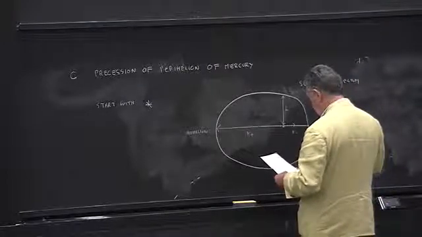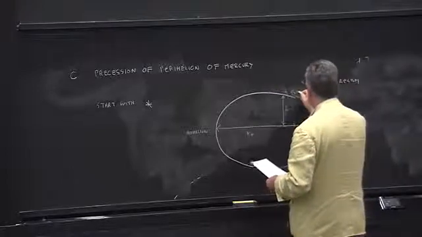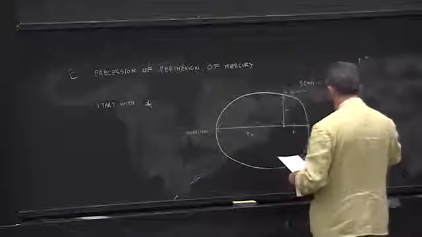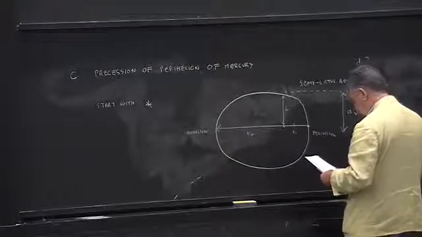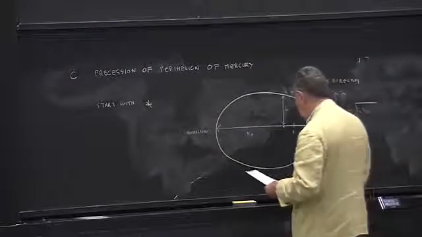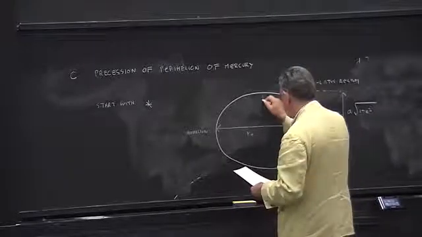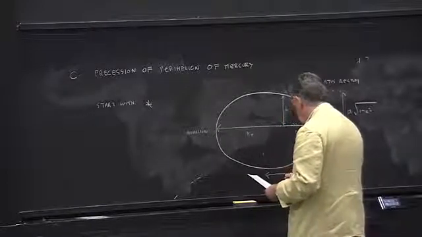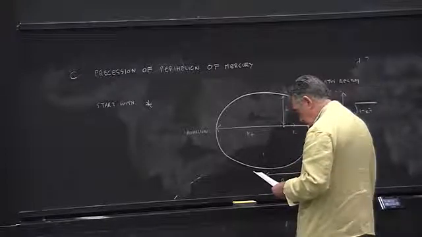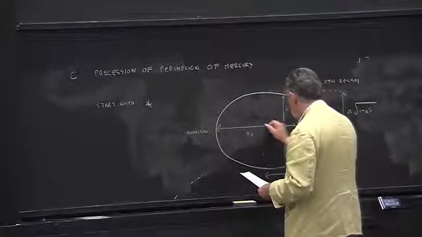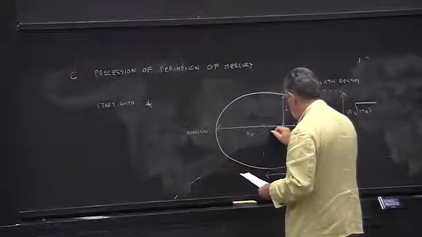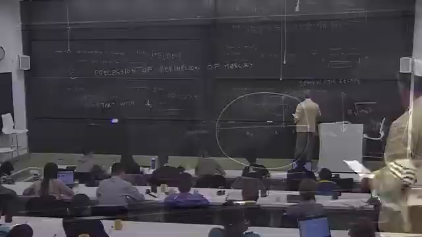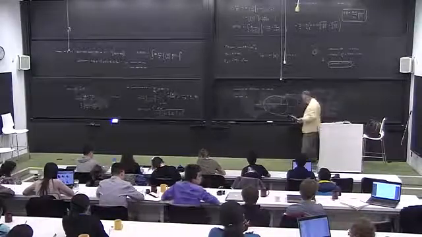And this distance is a into the square root of 1 minus e squared, where a is this distance, and this distance is e times a, and e is the eccentricity of the ellipse.